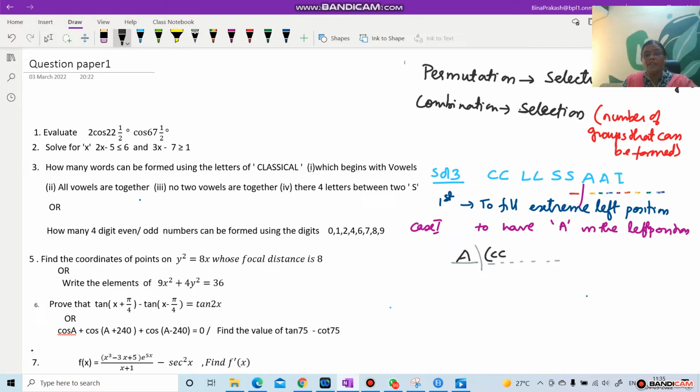We have 2 C's, 2 L's, 2 S's and an I. Fine. So how many elements? Sorry, one A is also there, because one A has been fixed, so one A remains. So how many elements are there for the arrangement? We have 8 factorial upon the repetitions, that is 2 C's, 2 L's, 2 S's. So this many words will be formed which begin with A.